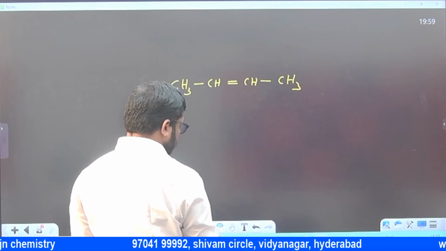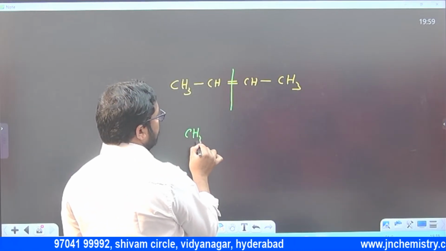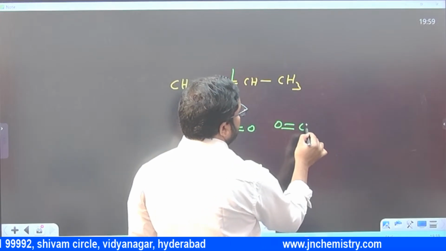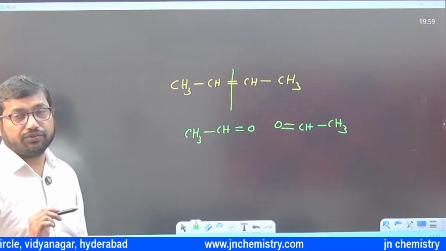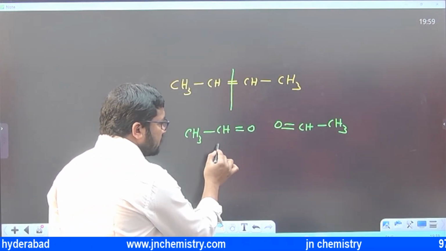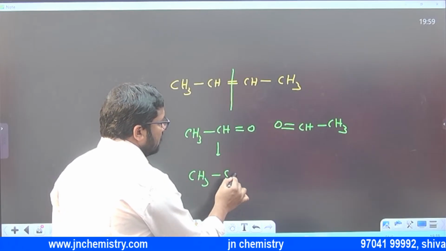In this case, first what we need to do? Do the ozonolysis, CH3, CH double bond O, CH, CH3. This is the first step, like ozonolysis we need to do with KMnO4. Next, this double bond carbon is having 1 OH, right? CH3, C double bond O with OH.